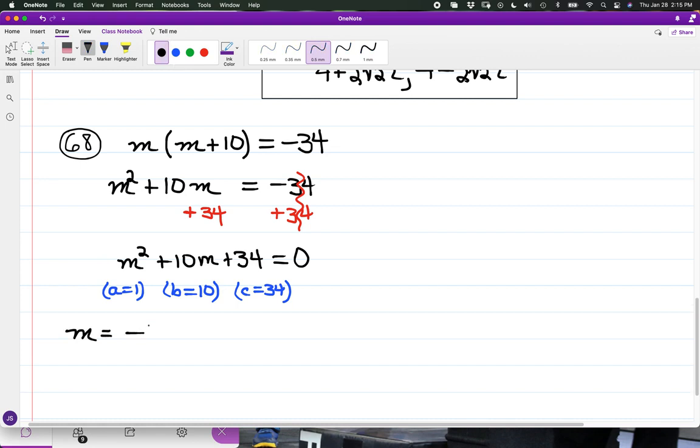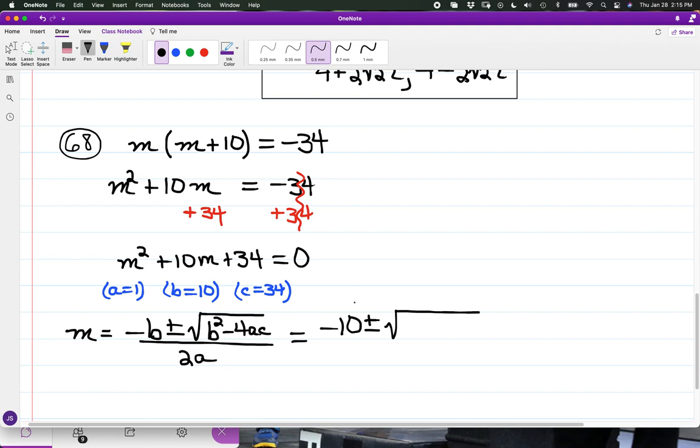And taking what we have with m, once again setting equal to negative b plus or minus the square root of b squared minus 4ac all over 2a. So for negative b, we have minus 10, and plus or minus the square root.